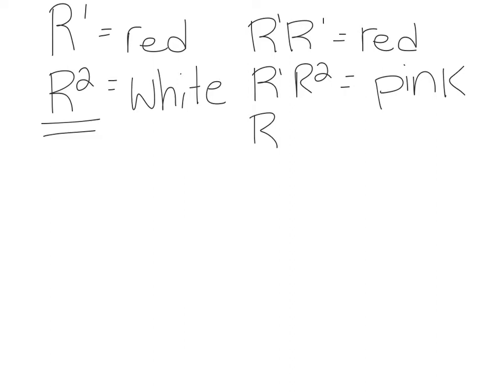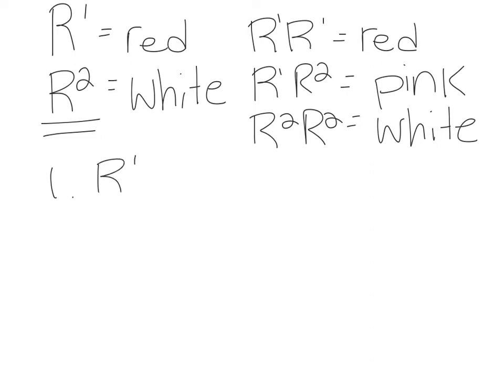R2 R2, two of the recessives, is going to give you the white. So in the first problem, it says a pink flower, so we know pink is going to be R1 R2. I'm going to write down that parent's genotype. It is crossed with another pink flower. What are the possible genotypic and phenotypic ratios for their offspring?